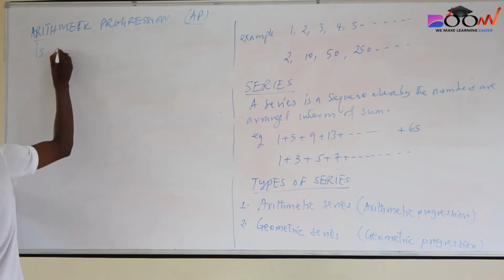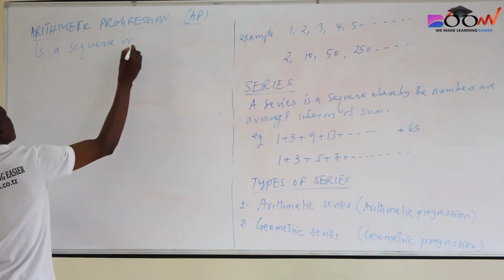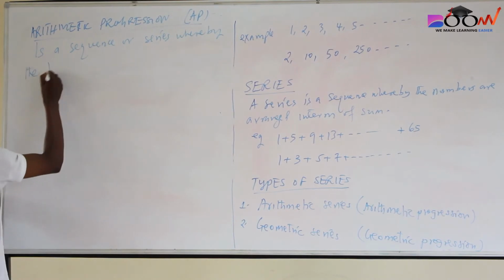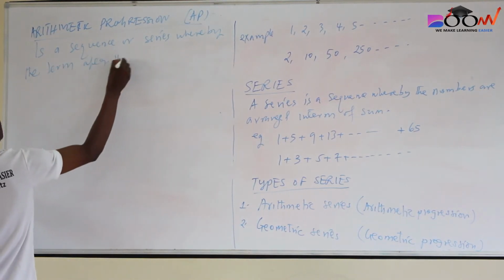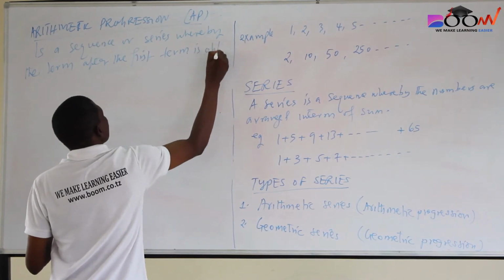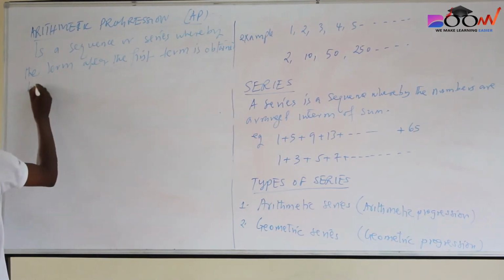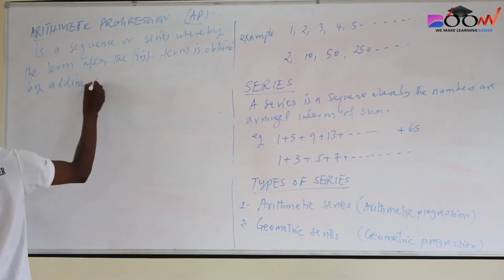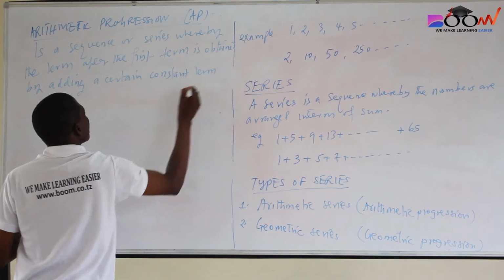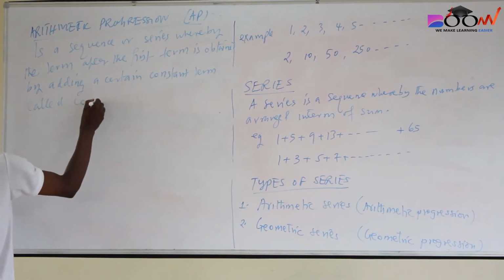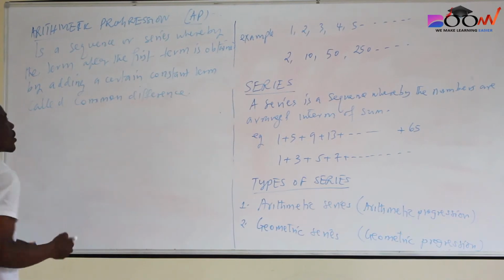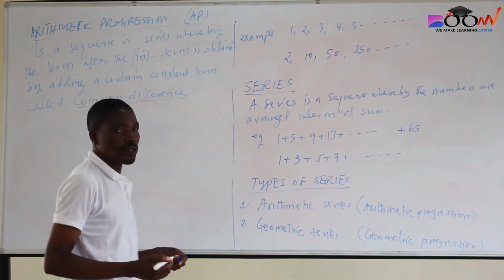This is a sequence or series whereby the term after the first term is obtained by adding a certain constant term that is called the common difference.